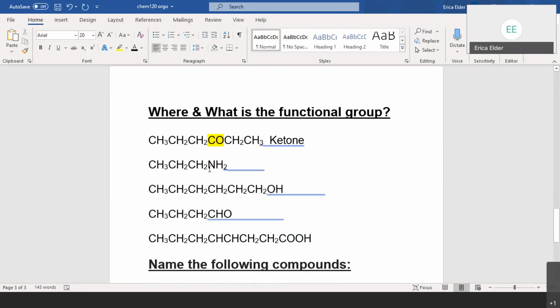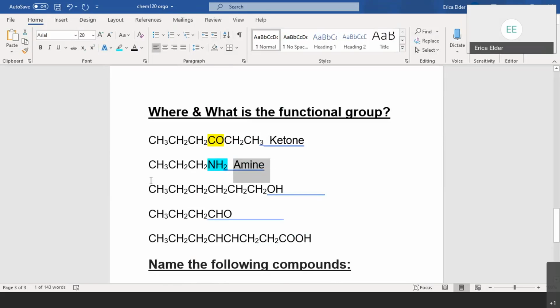So I already know that there's only going to be two choices, because only amide and amine actually contain nitrogen in the 8 functional groups that we're studying. I do not see an oxygen, so this points me in the direction of this being an amine, because all we have is nitrogen with just two hydrogens off to the side.